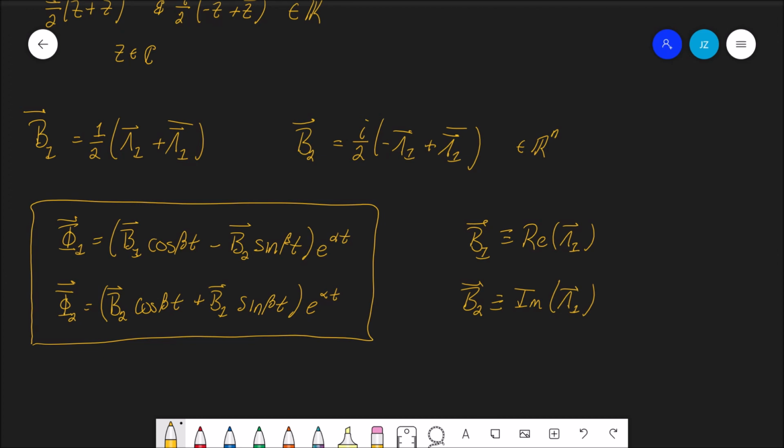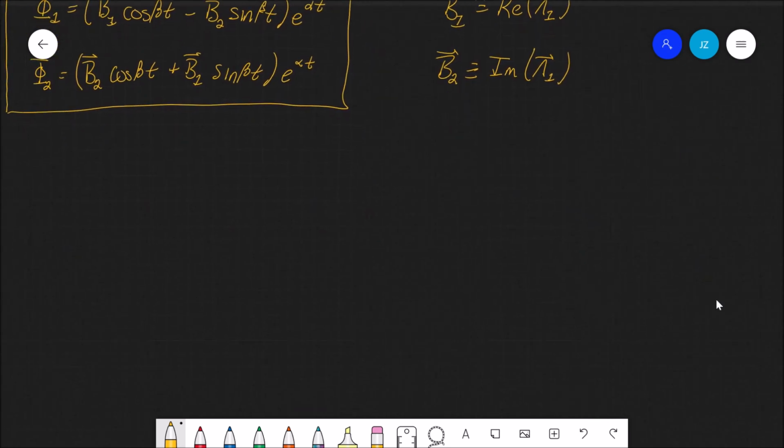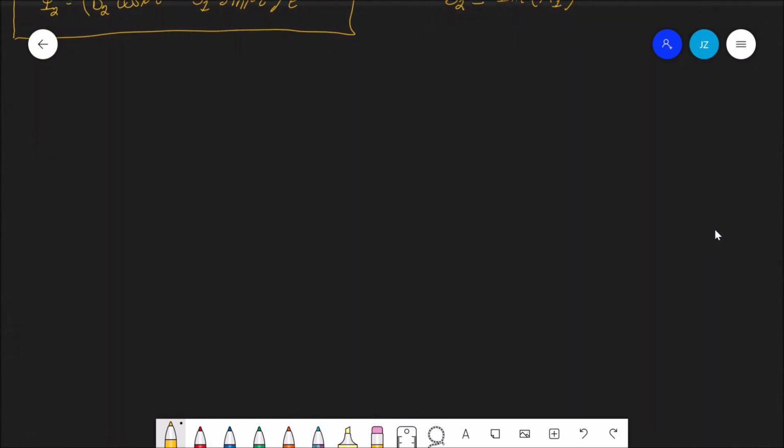Now, to see this in action, let's take a look at the initial value problem given by x prime is equal to the matrix [2, 8; negative 1, negative 2] times x, where x of 0 is equal to the vector (2, negative 1). The first thing we need to do is find the general solution to this equation, and then we'll apply the initial value.